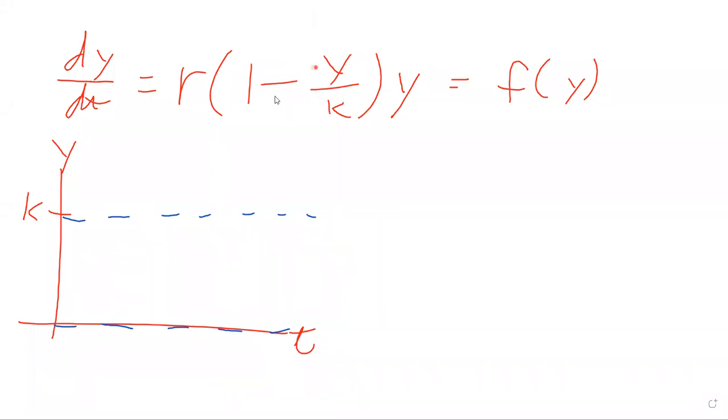And 1 minus something bigger than 1 will be negative. So when we're up here above k, we will have negative slopes. And if it's a value close to k, it's going to be a fairly shallow one. Getting farther away from k gives you a steeper one.